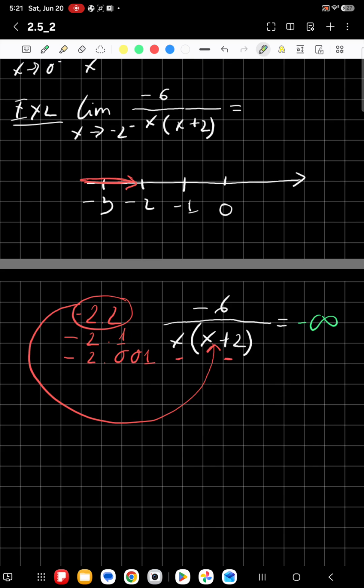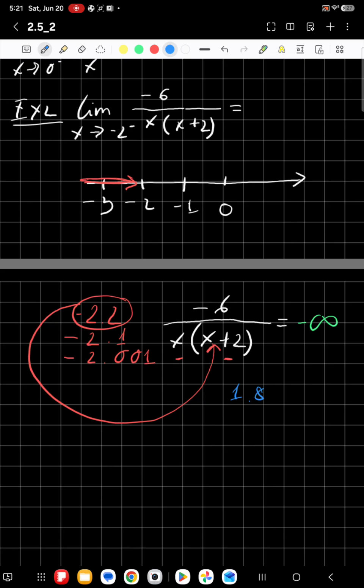Now with positive infinity, approaching negative 2 from the right, I'll be plugging in numbers like negative 1.8, negative 1.9, negative 1.99, etc. Let me show it to you quickly.